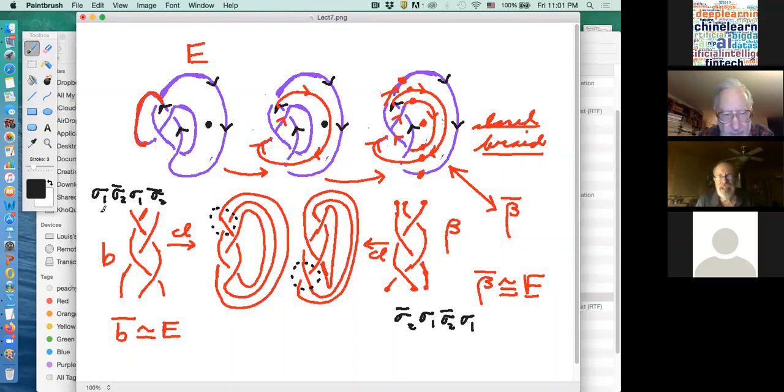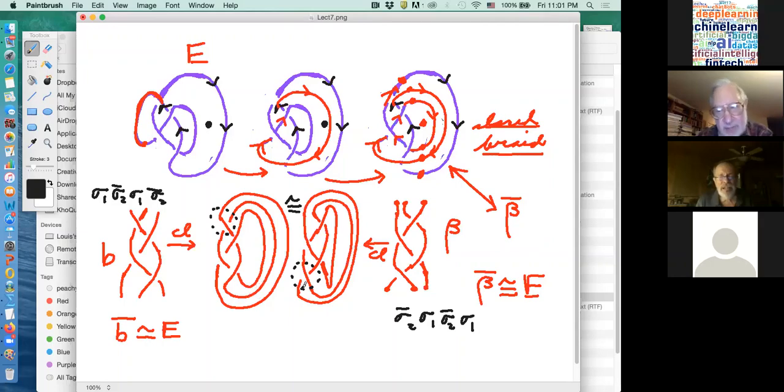In one case, you have the sigma 1 on the left, and in the other case, you have it on the right. They're definitely different in the braid group. But when you close them, this crossing could just migrate all the way around the loop and end up at the bottom. So there's the isotopy between them. You see it very clearly. These are isotopic as knots, but not as braids.